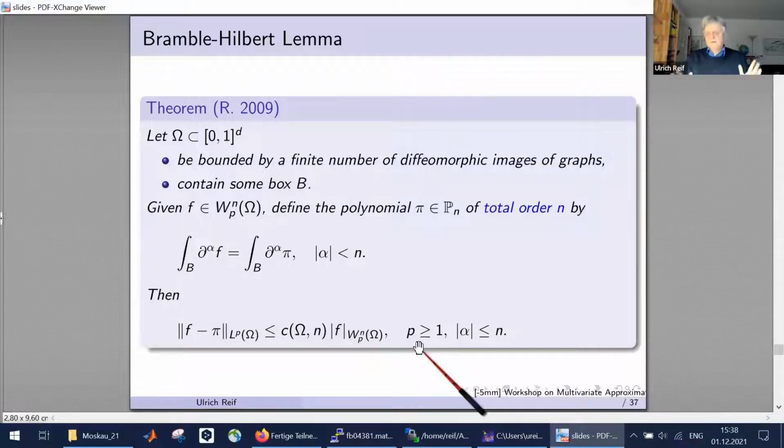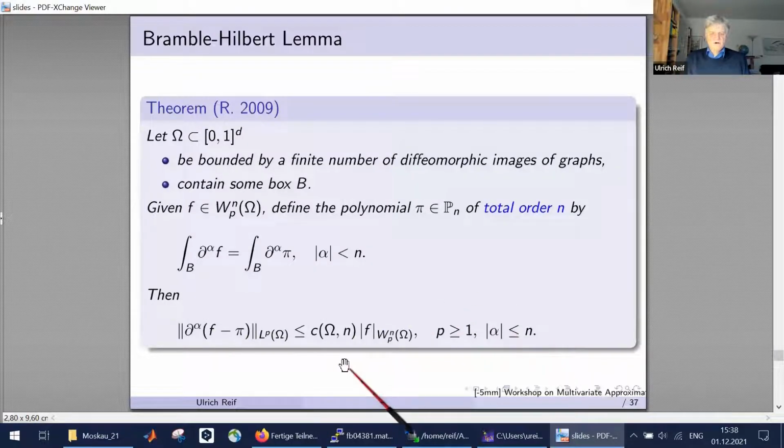This is valid for all exponents p greater than or equal to 1, and also here for all partial derivatives of order alpha less than n. So that way you find a substantial extension of the known results of these estimates of Bramble-Hilbert type.